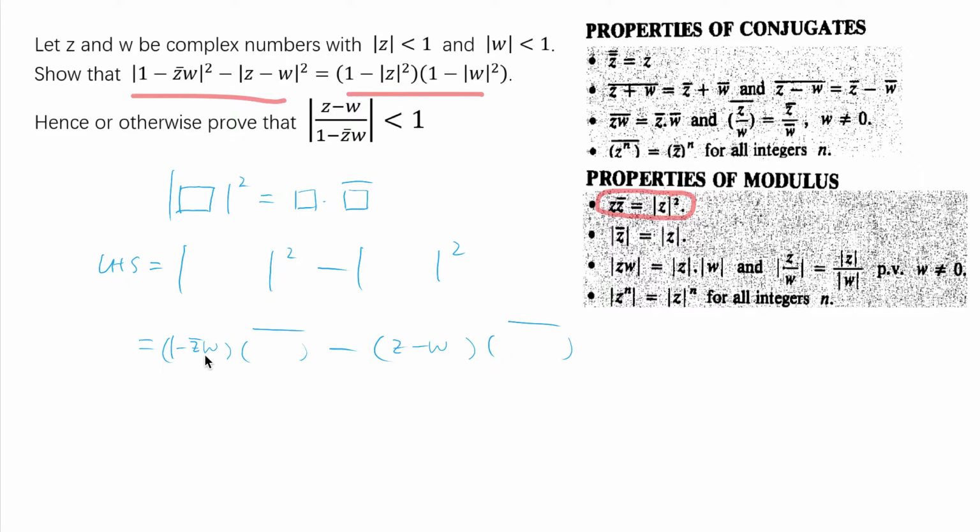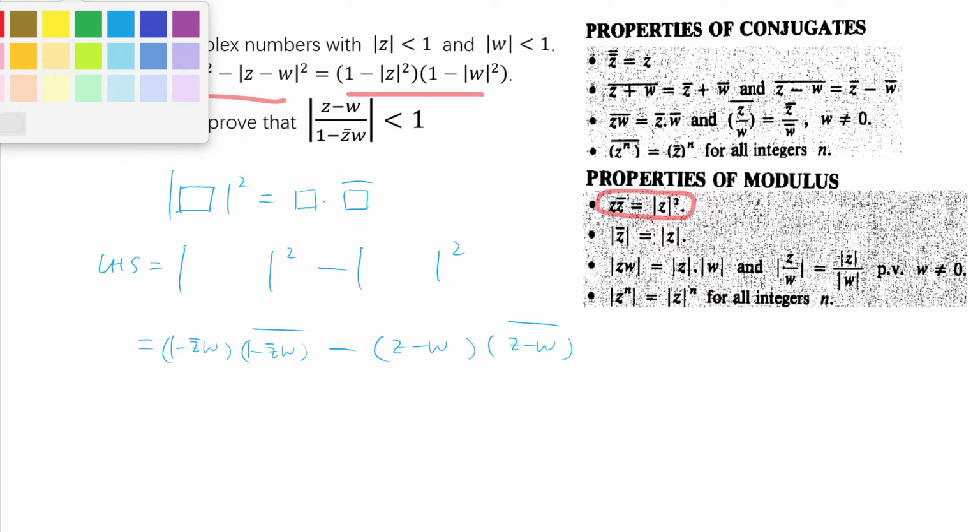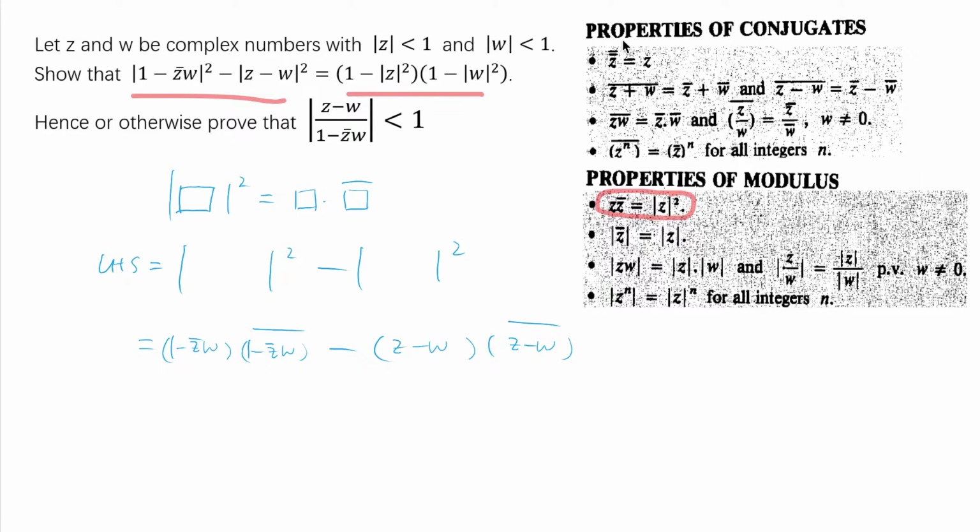And then you just copy down exactly the same thing under the conjugate sign. So we're just going to do the conjugate calculation one by one. If you notice here, the conjugate of z minus w is just conjugate of z minus conjugate of w. So we can simplify the first part.